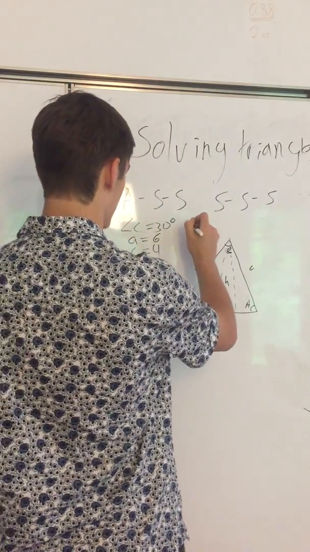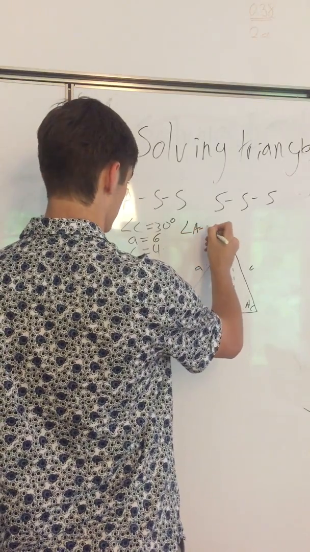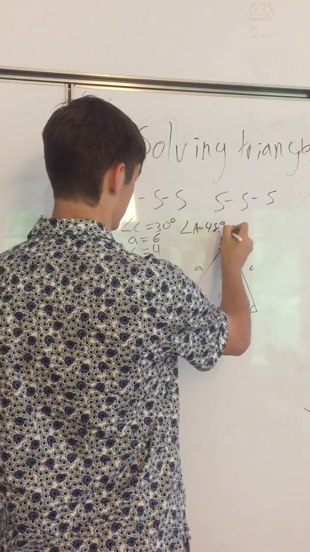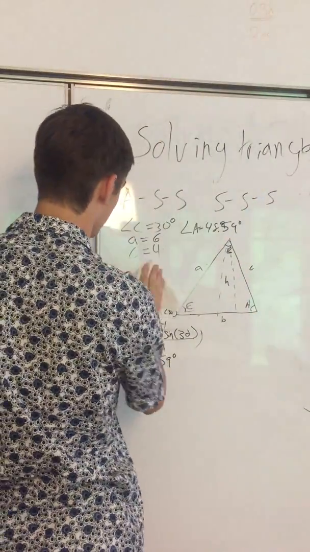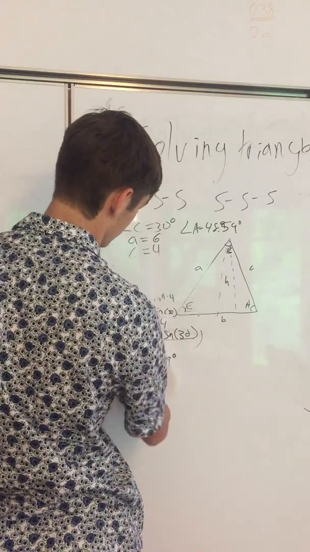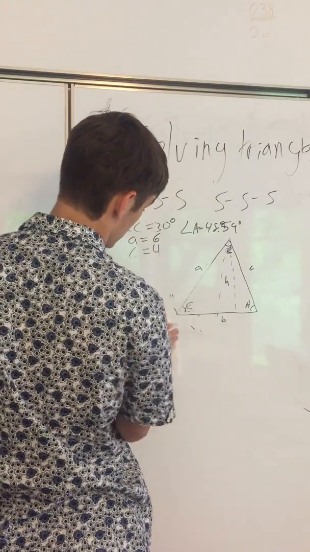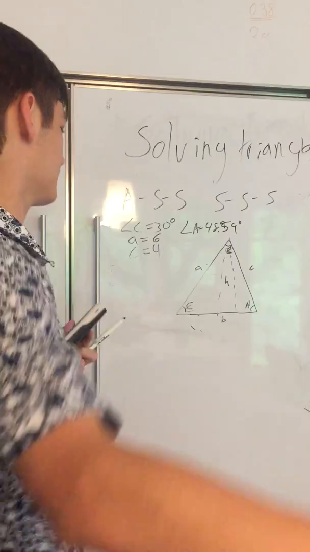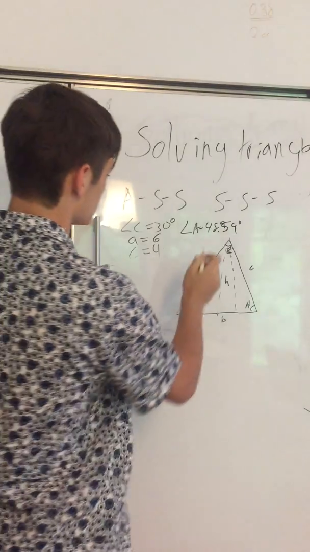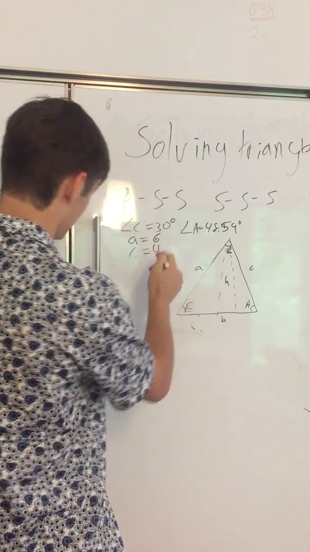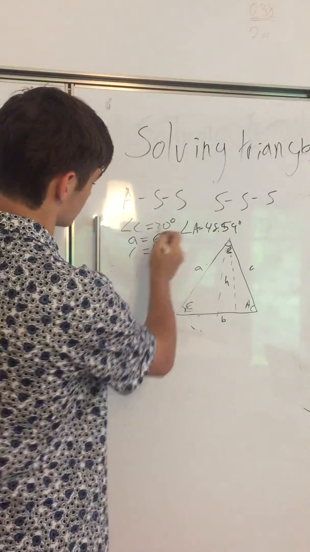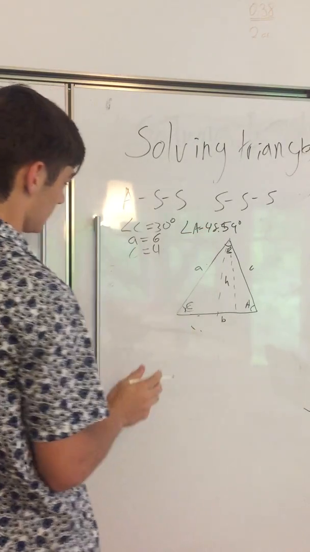Okay, so now that you know angle A is equal to 48.59 degrees, you can now solve for angle B, because a triangle has 180 degrees, and you know two of the angles. So now you can automatically know the third angle by subtracting these from 180.